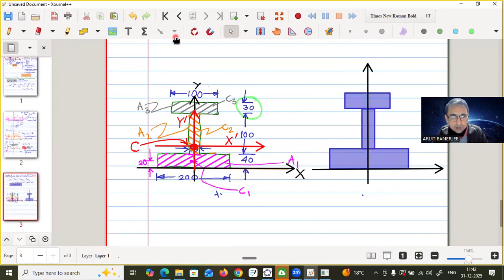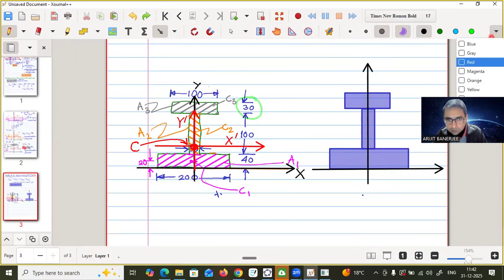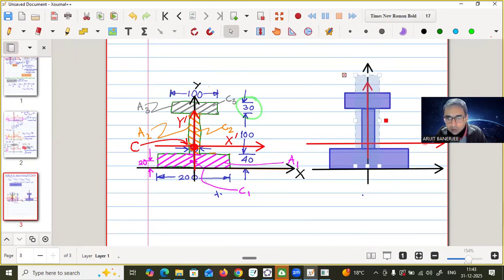And we also know this red axis. That part you have to know first. So this distance you know, that center you know. That means this distance you know, 63.92, that you know.